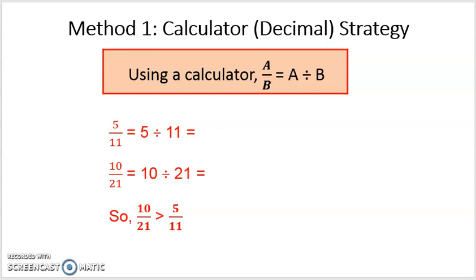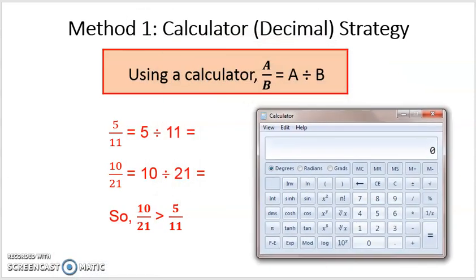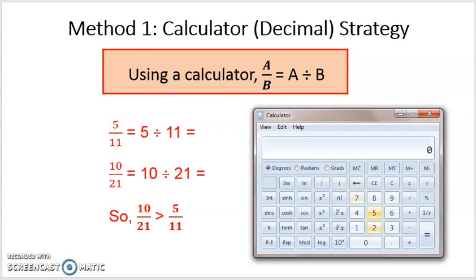Let me bring up my calculator. We've got 5/11, so 5 divided by 11 equals 0.45 repeating, 0.4545, and on.